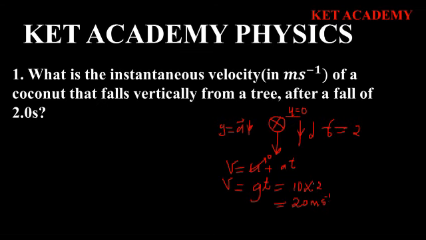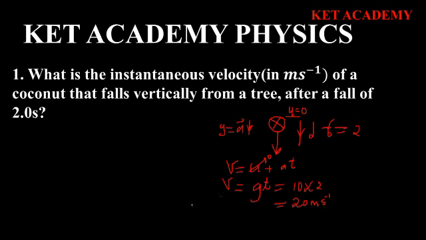Now if in any MCQ question you are given answer options, maybe let's say the first answer has acceleration due to gravity g as 9.8, and let's say another option they have used 10 meters per second, then it is very obvious that the answer option with acceleration due to gravity 9.8 meters per second squared will be the correct answer.